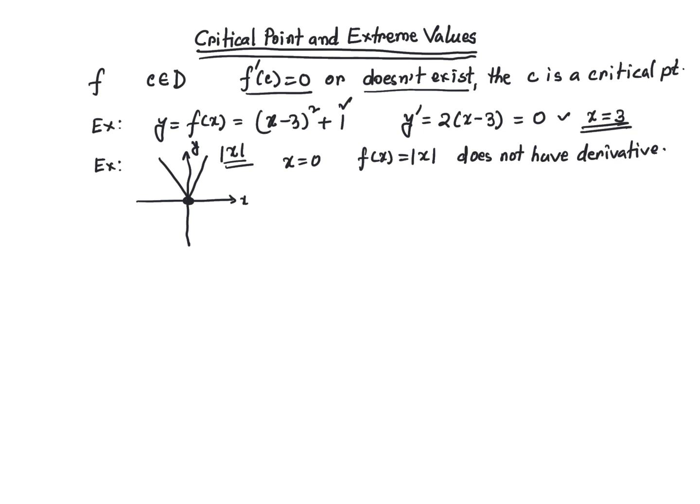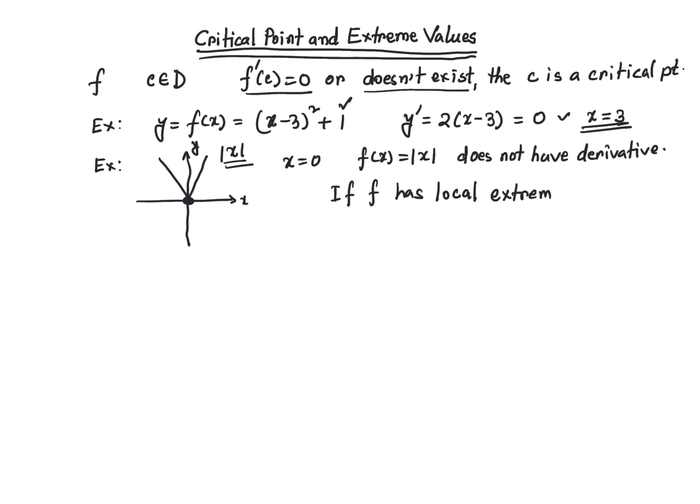From these two examples, as well as from Fermat's theorem, we can conclude the following. If f has a local max or min at some point c, then c must be a critical point.